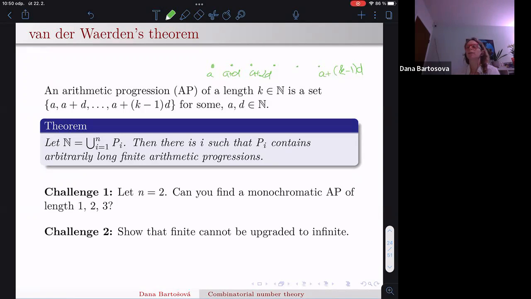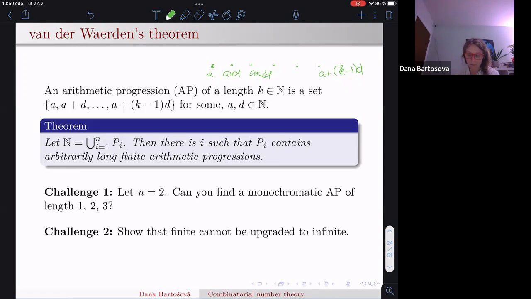Ultrafilters give you a simpler proof and some insight into how to use ultrafilters, and also into classification of what subsets of natural numbers do contain arithmetic progressions, right? Because now we are saying the piece of a partition, but there is actually a cleaner way to say which of the pieces it's going to be.